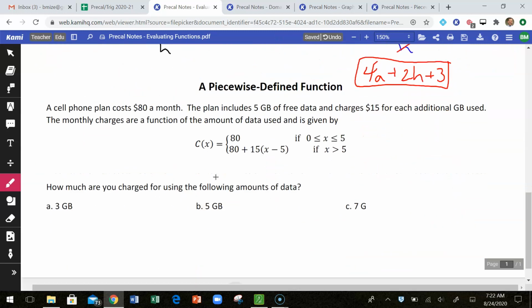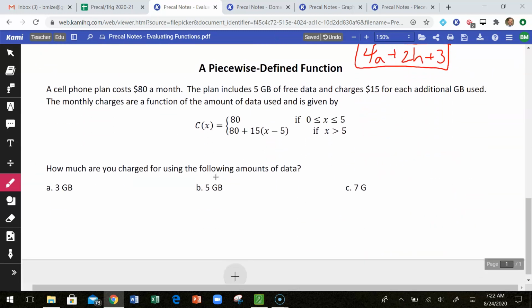Okay, next up is what's called a piecewise defined function. We're going to get more into the graph of this in a later video. But a piecewise function says that I have a function, but I've got two different ways that my function is being defined. Okay, there could be more than two.